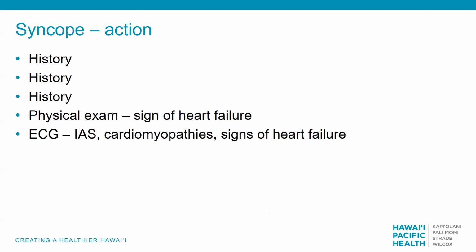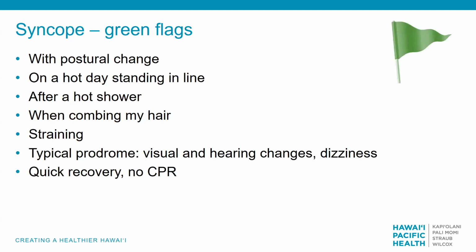And then my recommendation would be to get an EKG. The EKG does not need to be at the time of syncope. It's a little different than chest pain because you can see how many things you can potentially diagnose with an EKG that could point to a cardiac etiology.